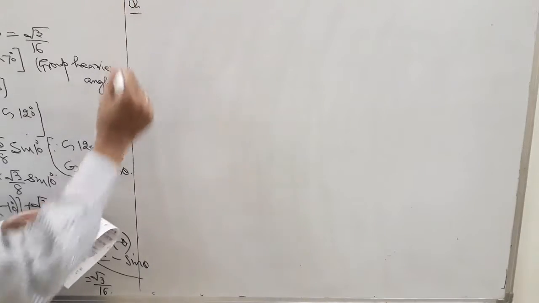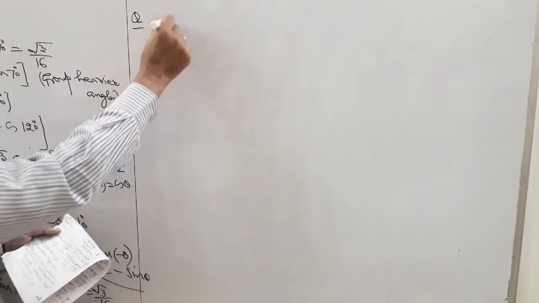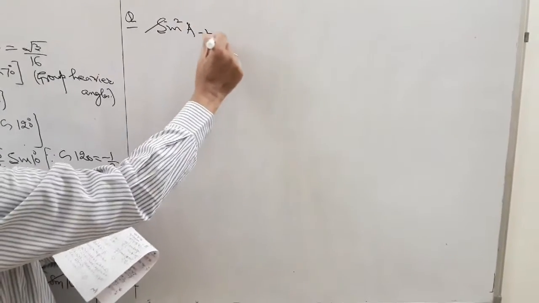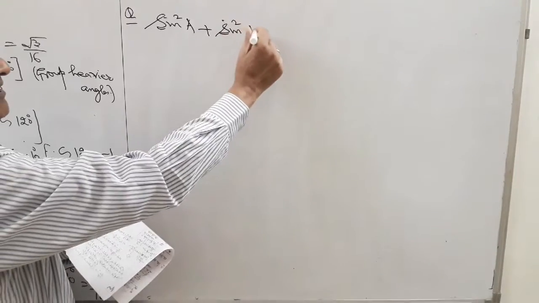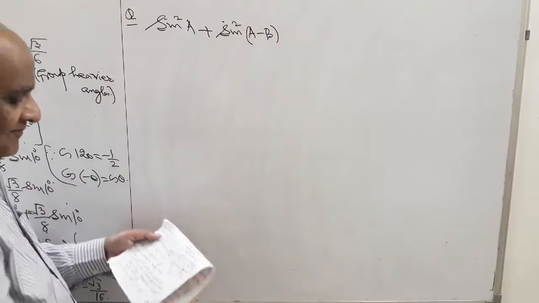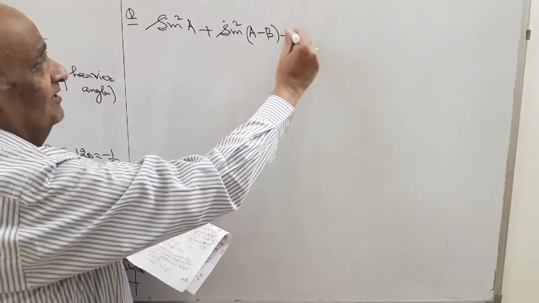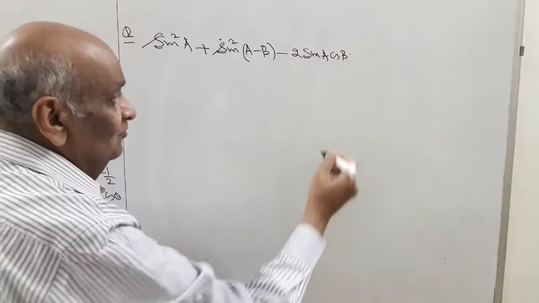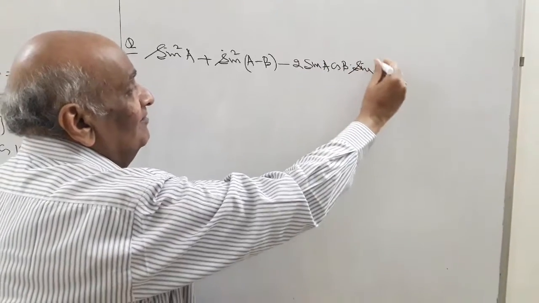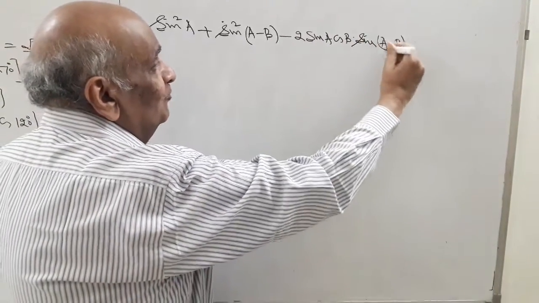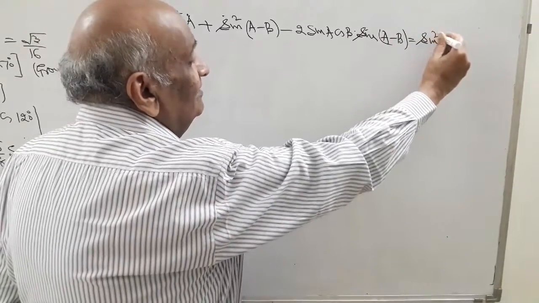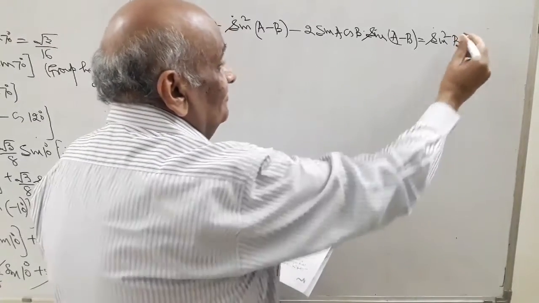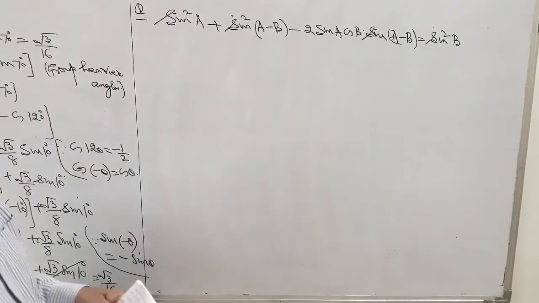Yes. Now we have another question. It is sine square of A plus sine square of A minus B, minus 2 sin A cos B into sine of A minus B. This we are to prove as equal to sine square of B. A very important question.